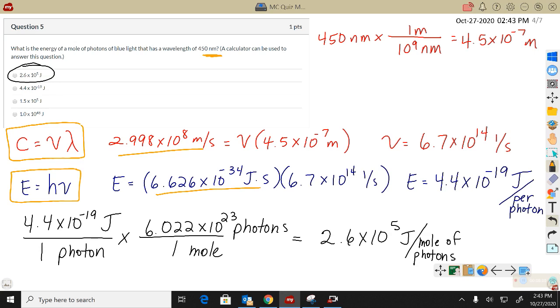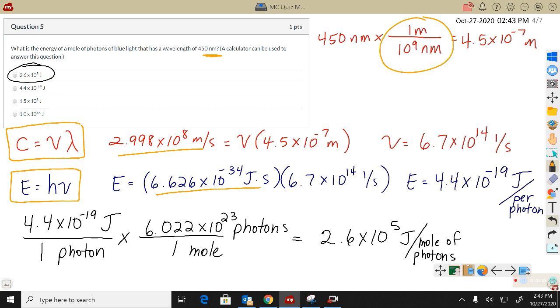This little conversion is not in the packet, but you might as well get used to it. Write it down someplace so that you remember it. Nanometers are teeny, tiny fractions of a meter, so it takes 10 to the 9th nanometers to make up 1 meter.